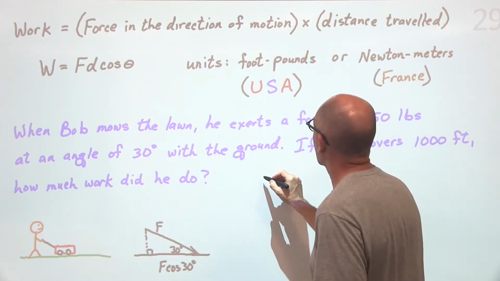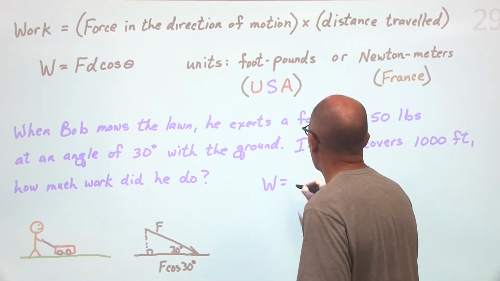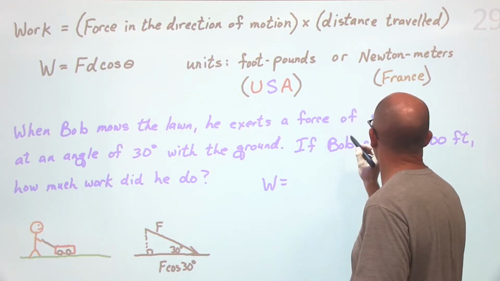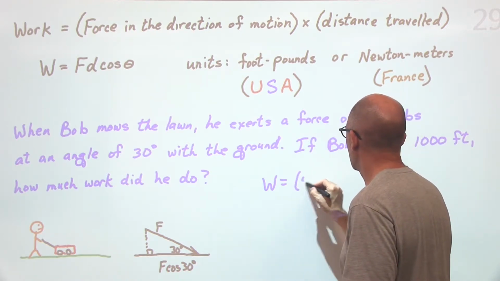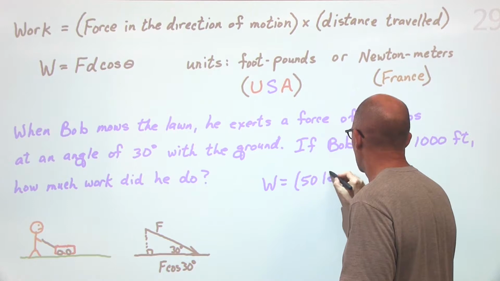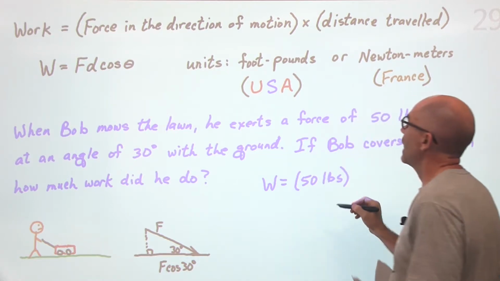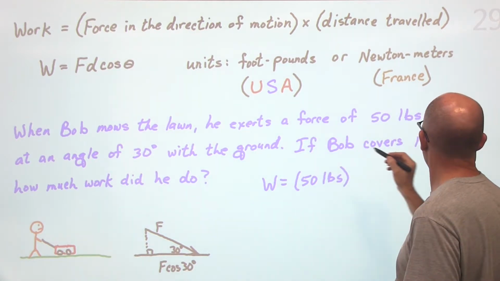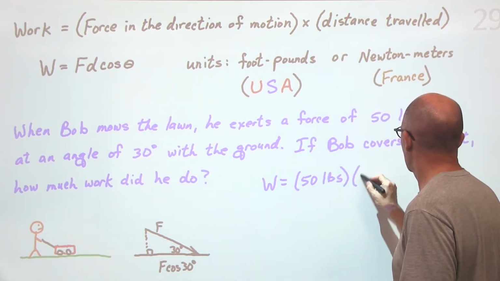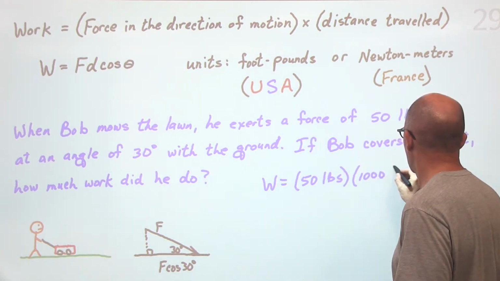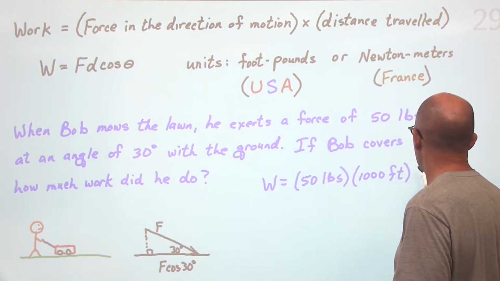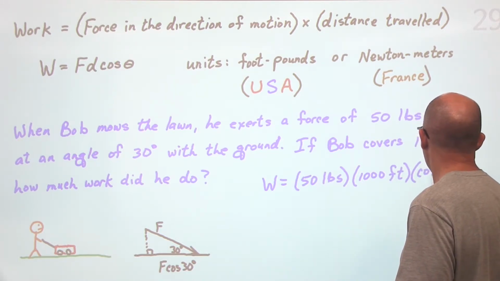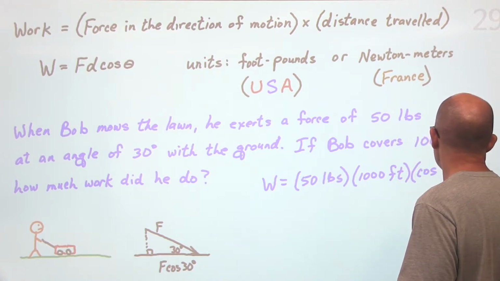Okay, so how much work did Bob do? Well, work equals force, which is 50 pounds, times distance, which is 1,000 feet, times cosine of the angle, which is 30 degrees.